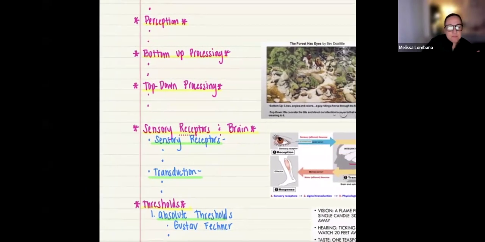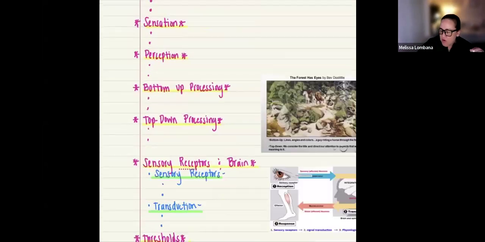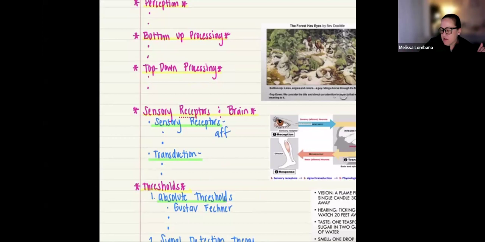All right, then we're going to go on to sensory receptors and the brain. So sensory receptors are basically what all of our senses have, okay? And all sensation starts with sensory receptors, which are specialized cells that detect stimulus information from our external environment, and they transmit it to our sensory nerves, and those are called afferent. And we learned about this. The afferent is our senses, right?